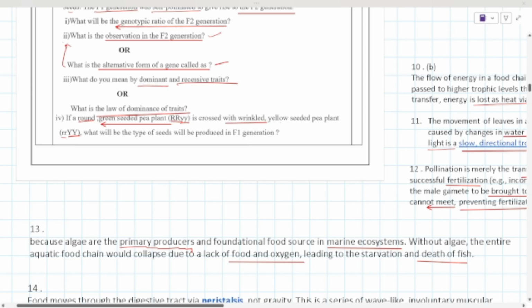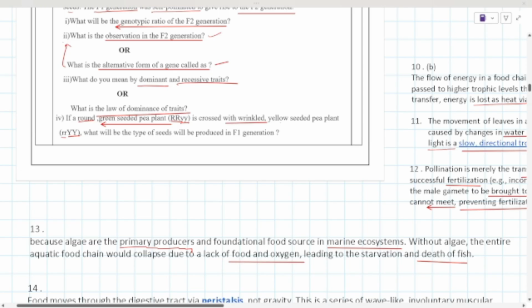Round and yellow seeds. Wait, let me count first.